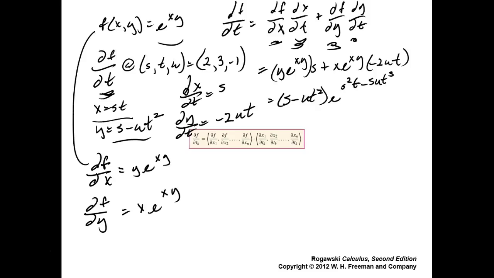Or s cubed t. Yeah. It can get a little dicey. Okay, that's the first part.